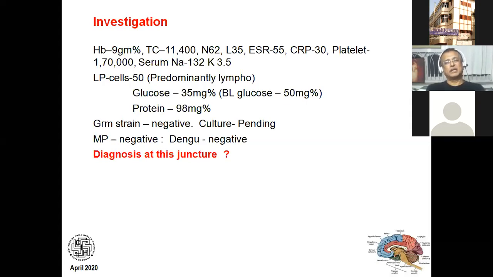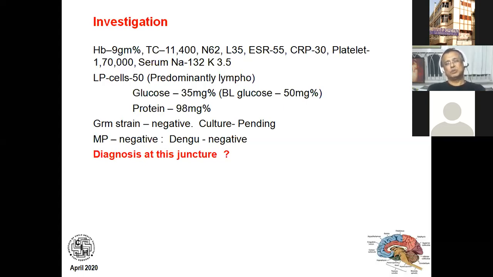So what is the diagnosis at this juncture? We all know, in case of bacterial meningitis, there is pleocytosis, but neutrophilic pleocytosis, with glucose usually less than half of concurrent blood sugar, and protein may be slightly raised. But here the cell count is only 50 with predominant lympho.